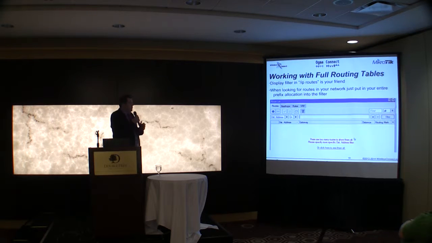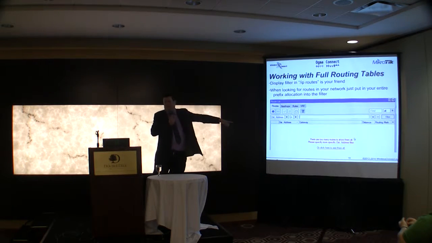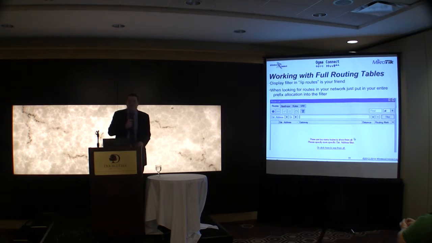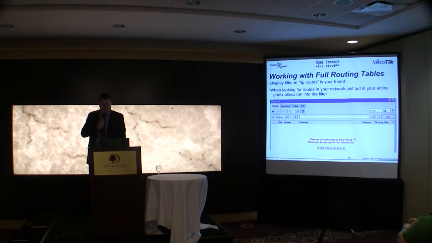Of course, when you're working with full route tables, the first thing I hated about doing it: I went about saying, click here to display them all, not such a hot idea. But if you're a patient man and you wait a few minutes, you will see the entire internet in front of you. So display filters are your friends.